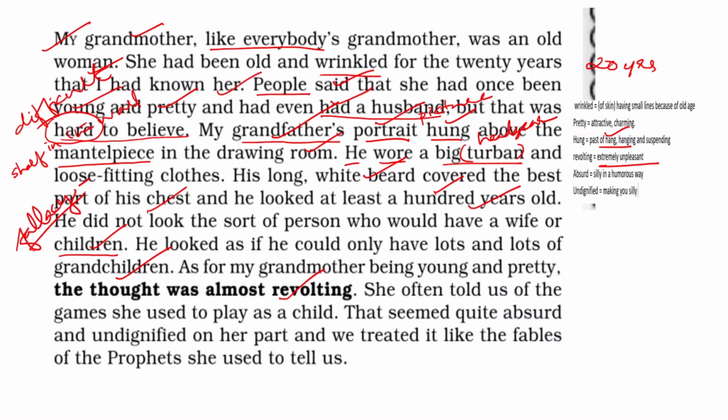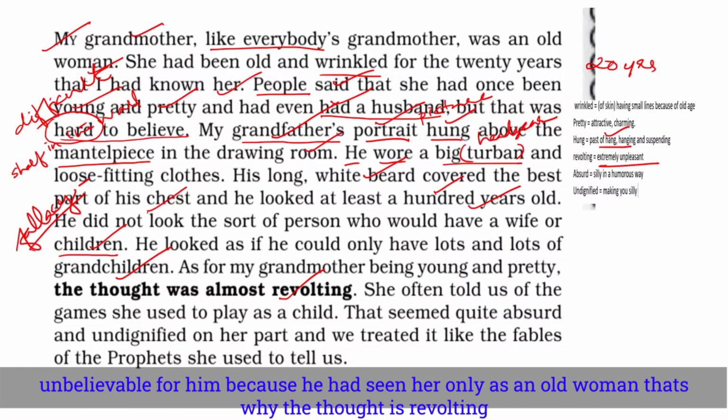The thought was almost contradictory because the grandma was a beautiful, pretty woman. So, thinking that she had no husband or family, that was almost revolting. Look at the next sentence.